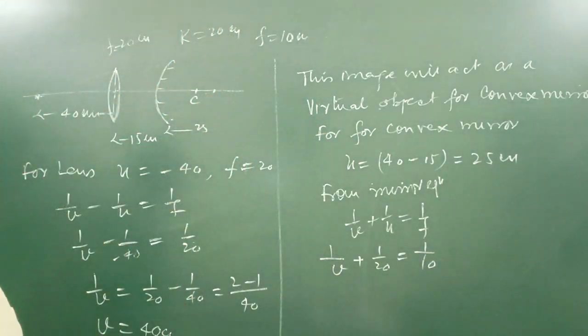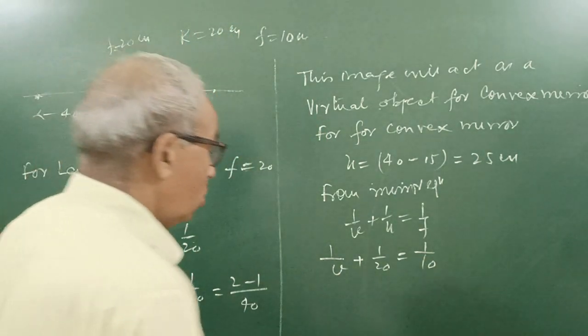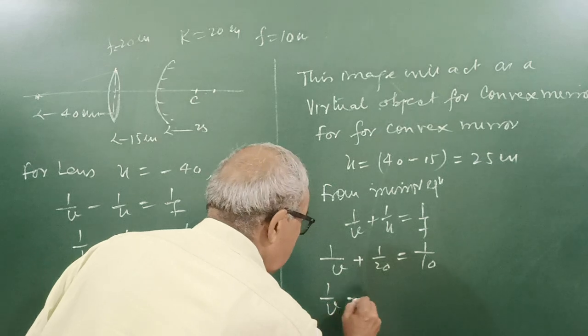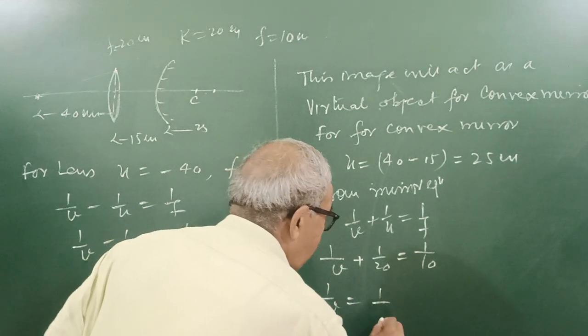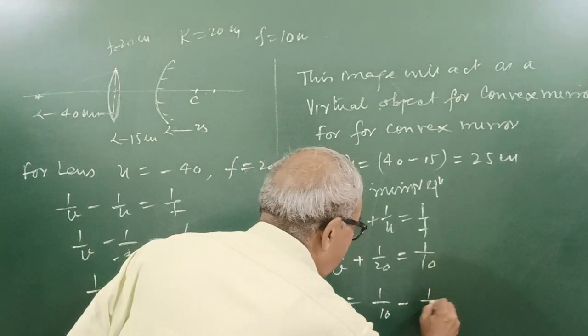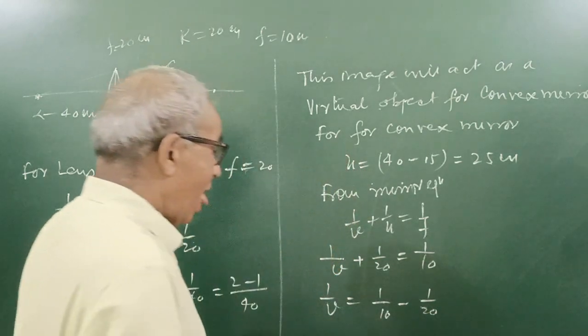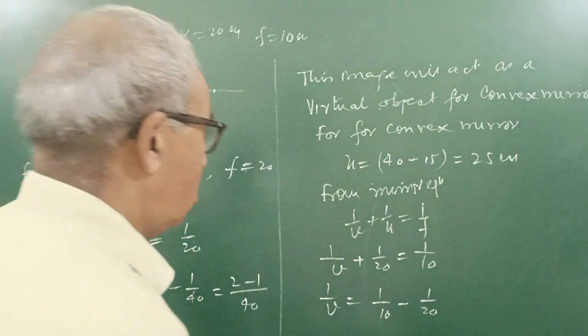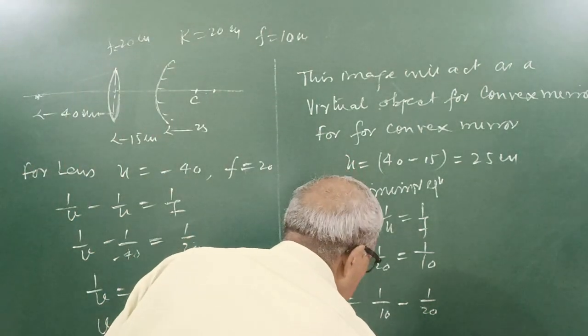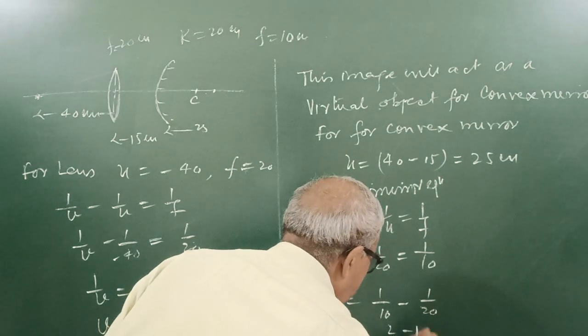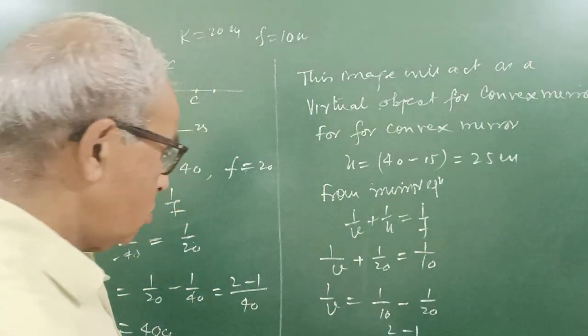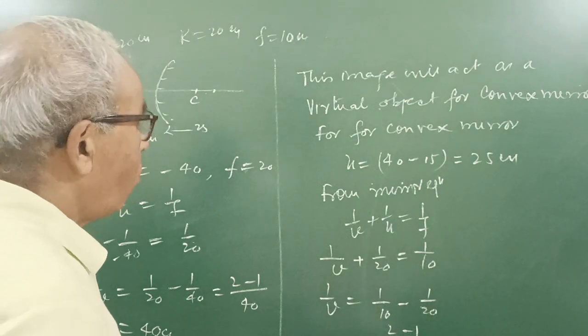For a convex mirror focal length is positive, so 1/v is equal to 1/10 minus 1/25. Something is wrong.